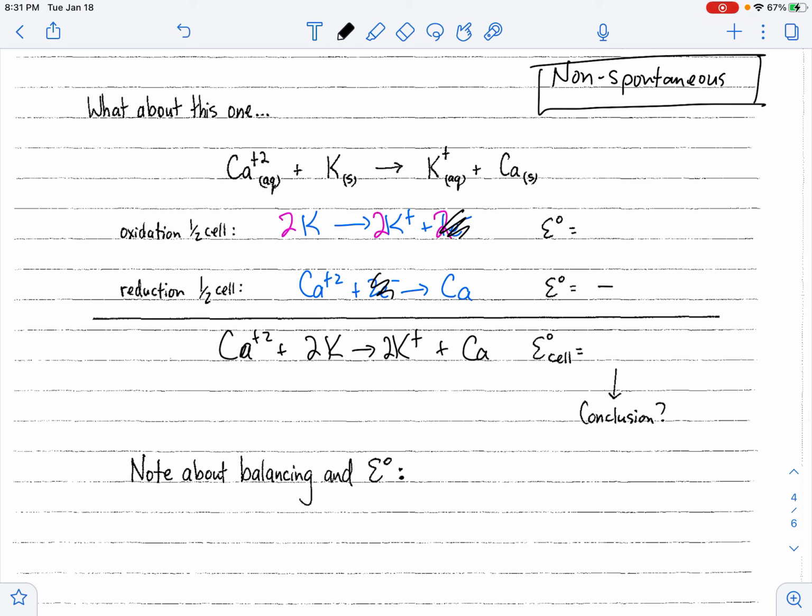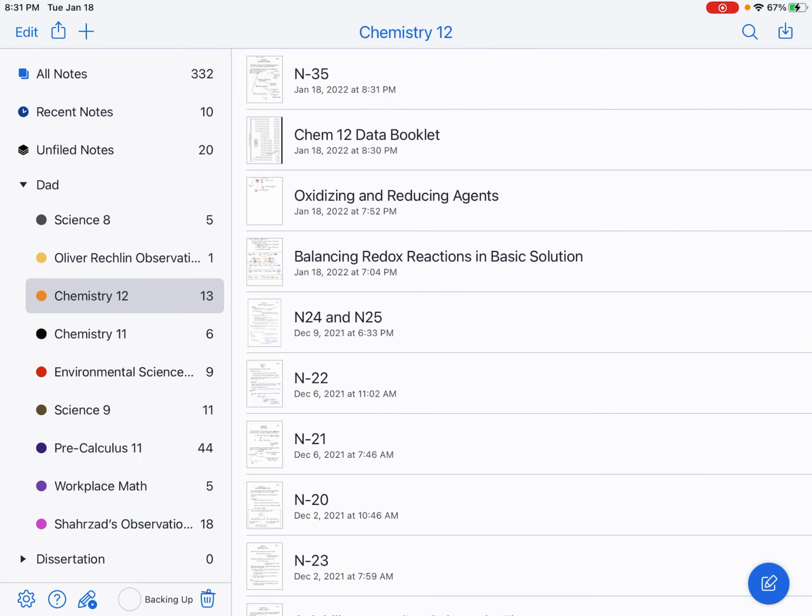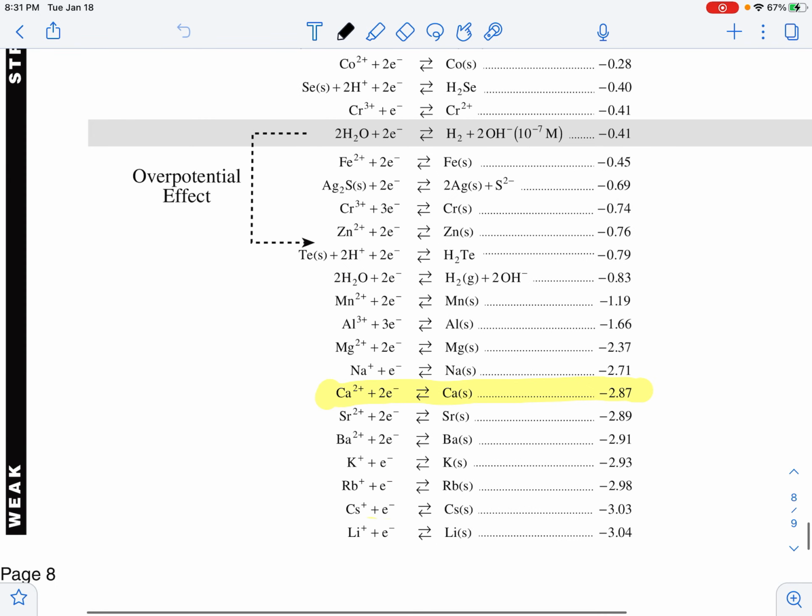Calcium reducing is negative 2.87 volts. Not very good. Calcium really doesn't want to reduce, right? You can kind of base that on 1, it's negative, and 2, it's quite a large number in the negative direction. But then I've got potassium oxidizing. So I need to find K on the right hand side of my data booklet, and here it is.